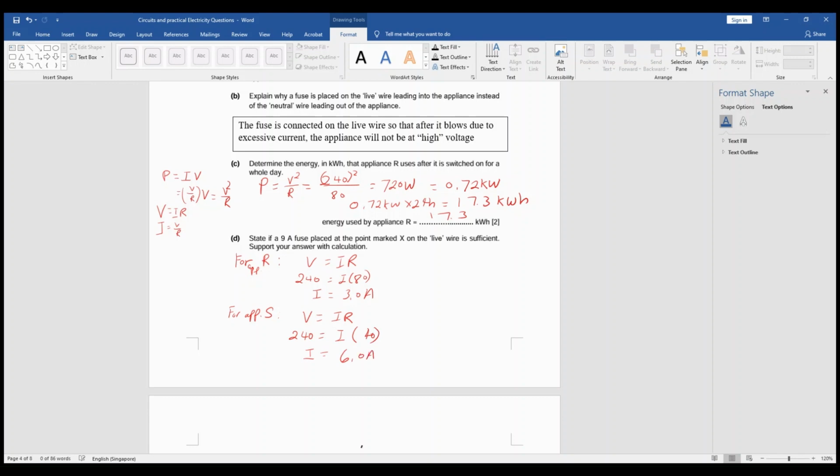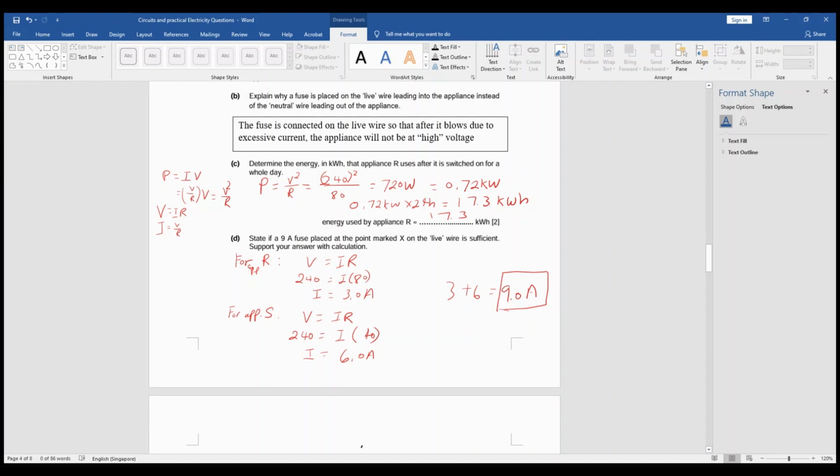So the total current flowing through the point marked X should be 3 plus 6, which is 9.0 ampere. That means this is the operating current that is passing through X. If we were to put the 9 ampere fuse, it will not be enough because it will melt immediately when you switch it on. So it's not enough.